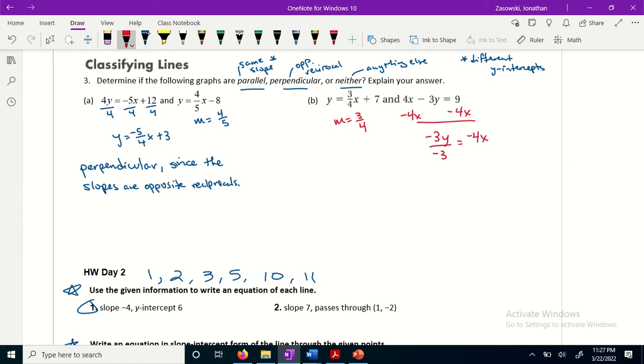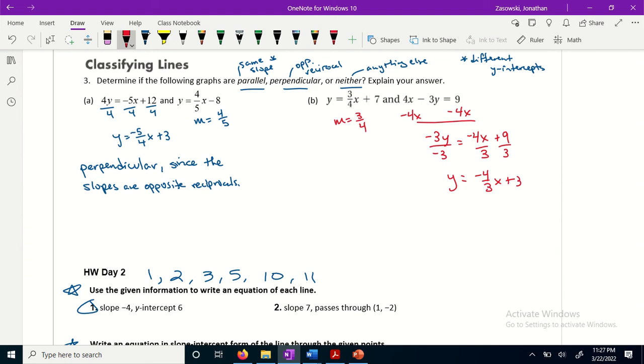Okay, so negative 4x plus 9, and then we divide everything by 3 to end up with a final answer of, not m equals, apologies there, but y equals negative 4/3 x plus 3. So once again, our original slope is 3/4. This is negative 4. Oh, I see we did something wrong.